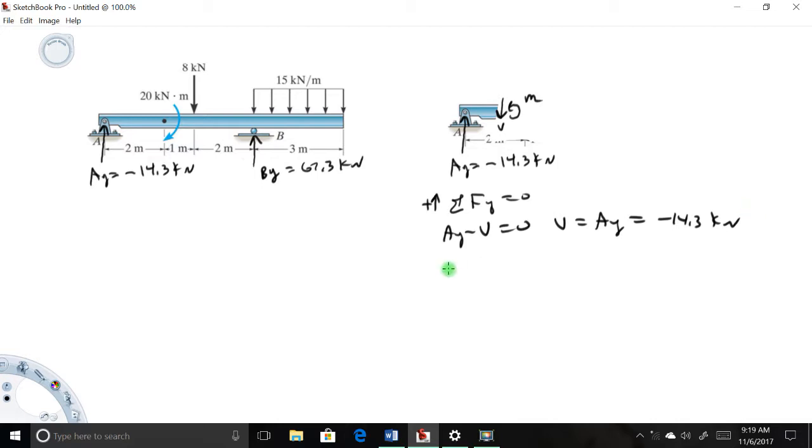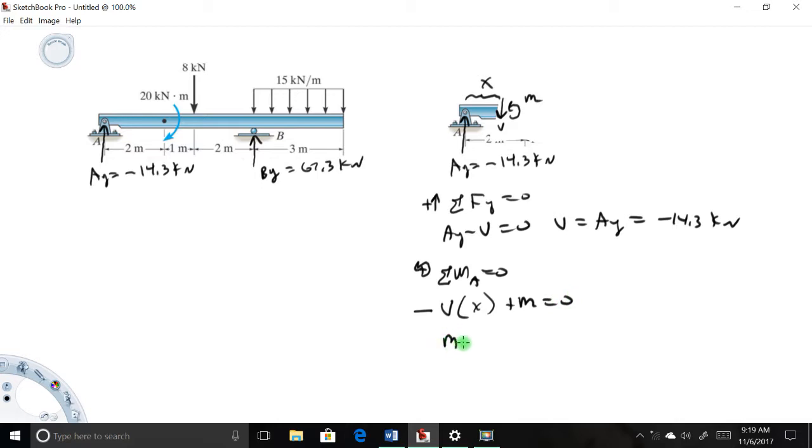Next, we'll write a moment equation. Sum of all moments about A equals 0. I'm going to go ahead and do counterclockwise positive. So summing moments about this point, we're going to have minus our shear force times the distance, which I should have labeled here already, x, plus our bending moment, and that's it, equals 0.